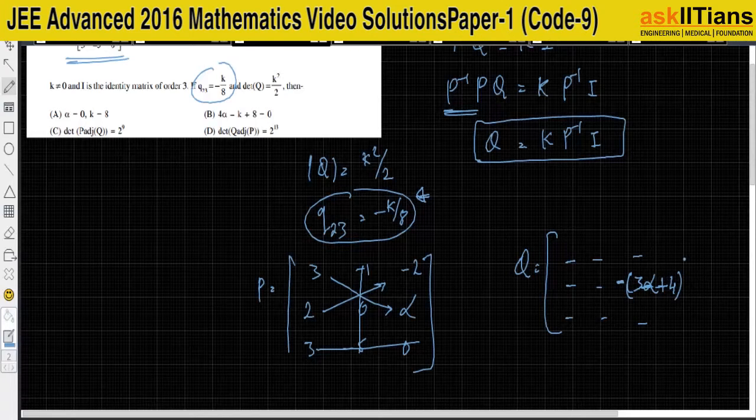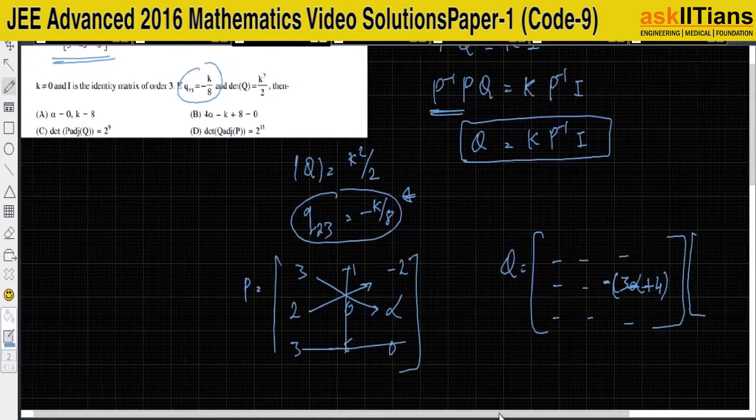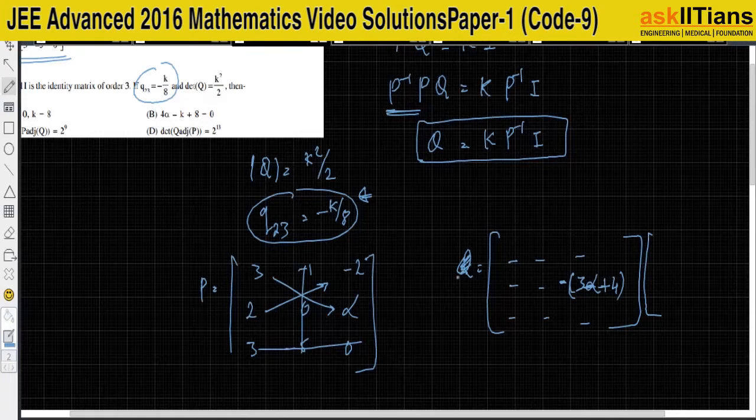Here I'll get minus of 3 alpha plus 4 in Q, multiplied by I. So this is actually P inverse. This matrix is P inverse multiplied by I and multiplied by K will give me Q. I'm just multiplying the three matrices. So I can find out P inverse, and then here this is I, so it will be something like this.